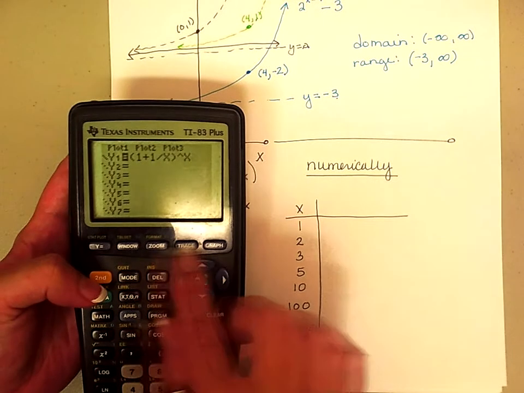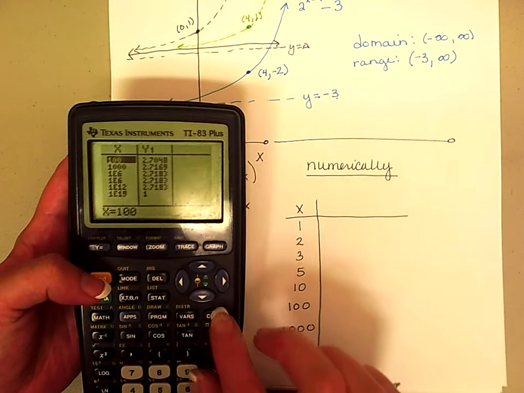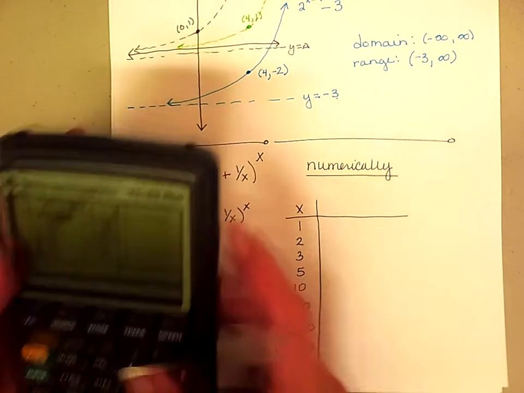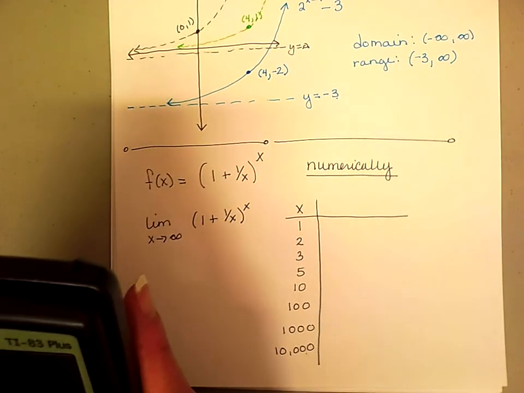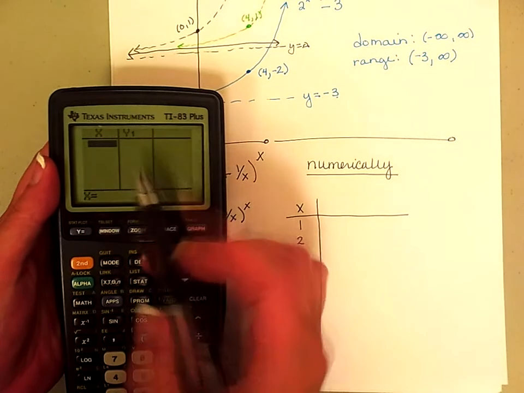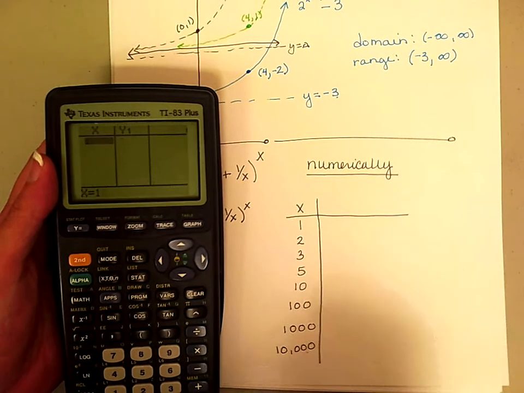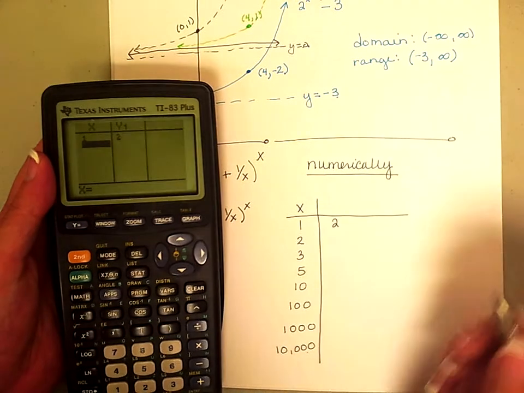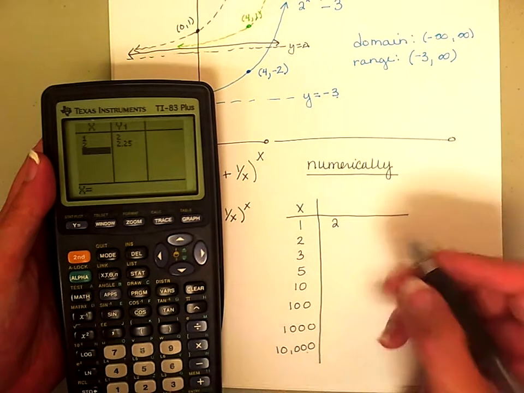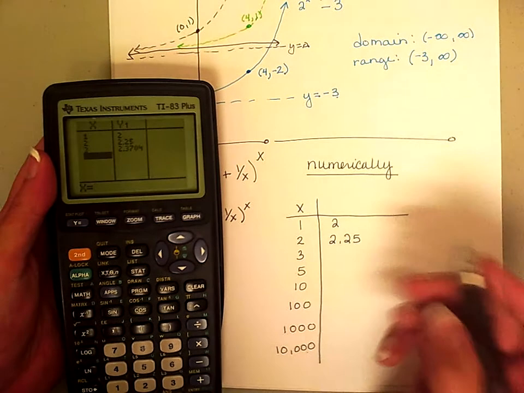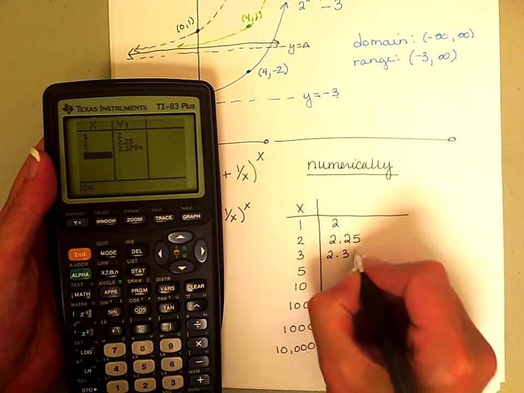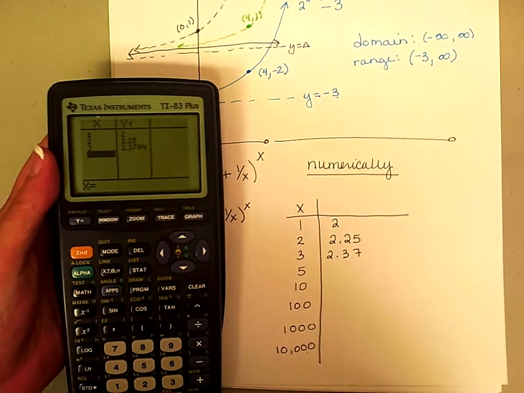Now from there, I want to start filling in a table of values. Let me delete out what I have. Okay. So when x is 1, we have a value of 2. When x is 2, we get 2.5. At 3, 2.37.